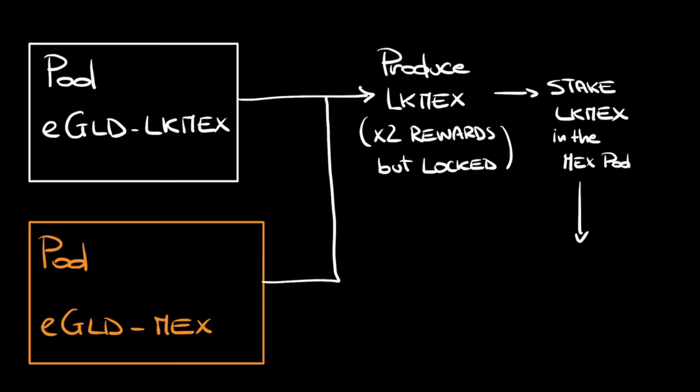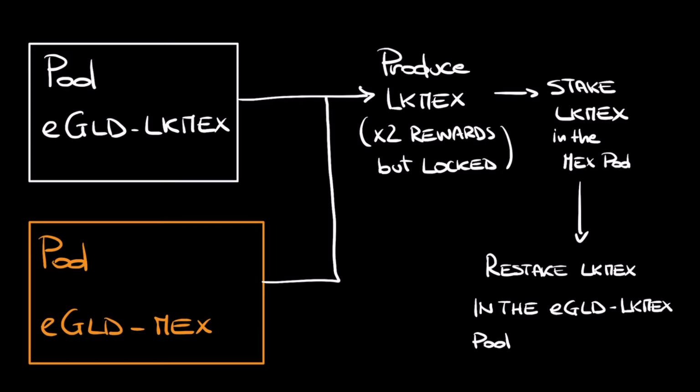This is possible because both pools produce locked Max, and once I have collected a sufficient amount of locked Max, I can restake those locked Max by taking some eGold from the eGold Max pool or swapping some Max from the eGold Max pool into eGold and stake those eGold with the locked Max gained from the rewards. At the end, only a big eGold locked Max pool will remain.